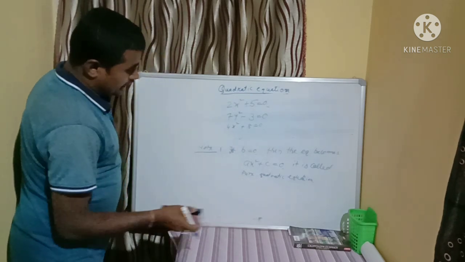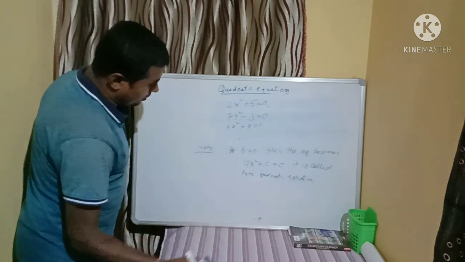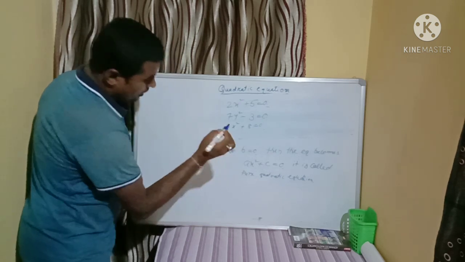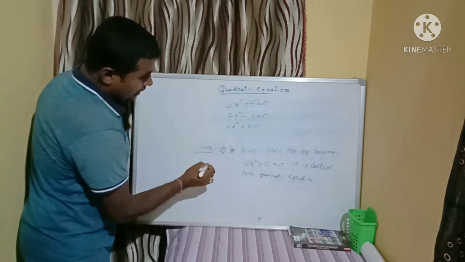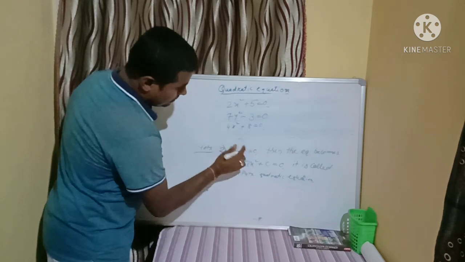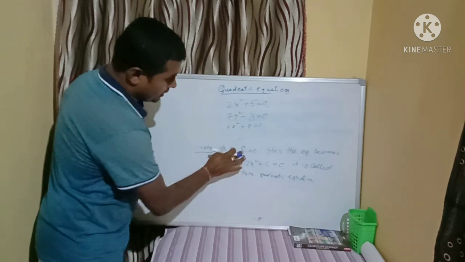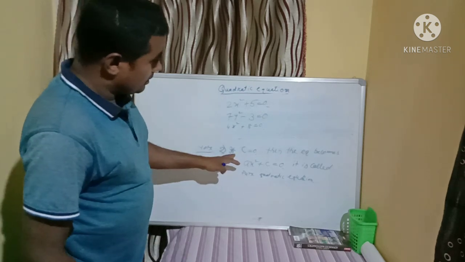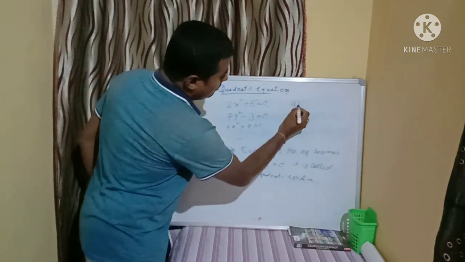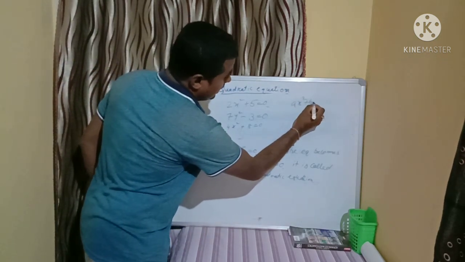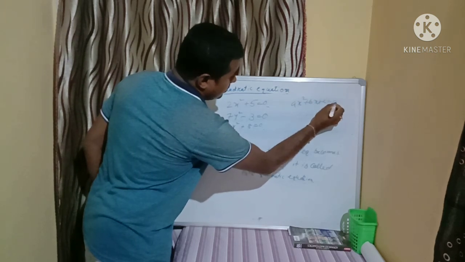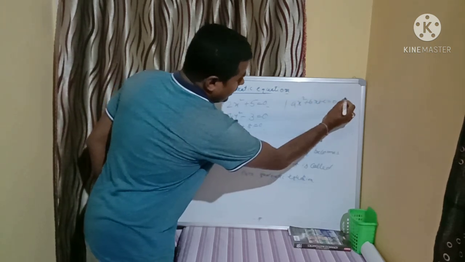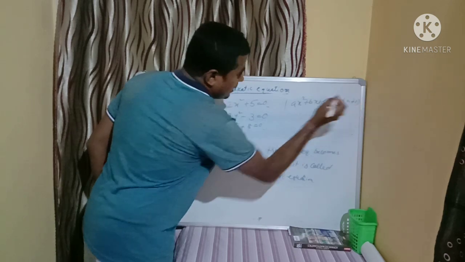Okay. In note 2, suppose this time c is equal to 0, not b. Our standard form was ax square plus bx plus c equal to 0, where a not equal to 0.